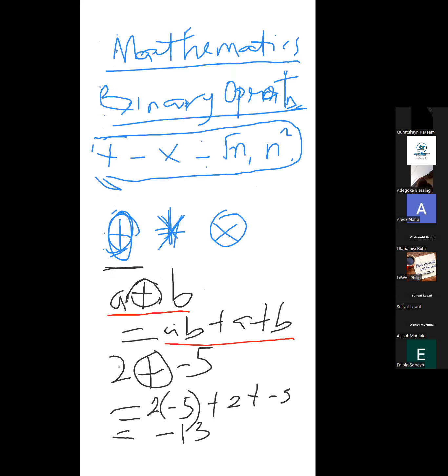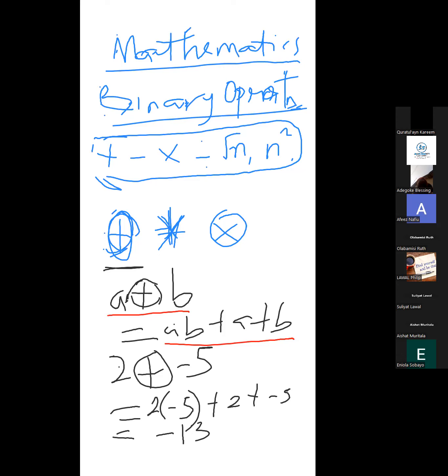Like in this case now, we talk about 2 and minus 5, and then we go minus 13. This now is about integers, whole numbers, whether positive or negative. I picked 2 from positive number, I picked minus 5 from negative number.